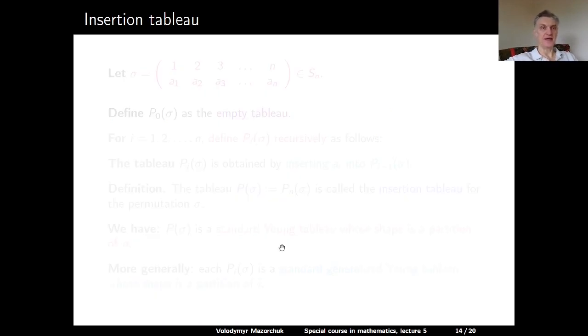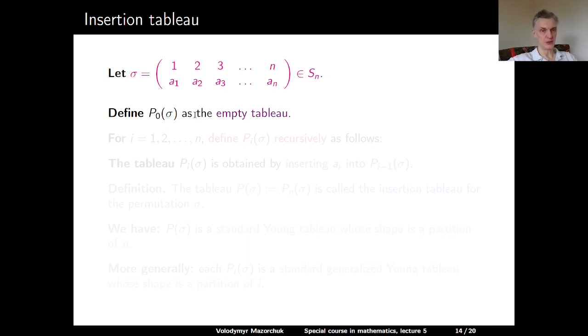Now let us define the insertion tableau for some permutation. Consider some element in S_n, so some permutation of integers 1 to n. Let's call it sigma, and assume that sigma sends 1 to a1, 2 to a2, 3 to a3, and so on, n is sent to an. So define the tableau P0 of sigma as the empty tableau.